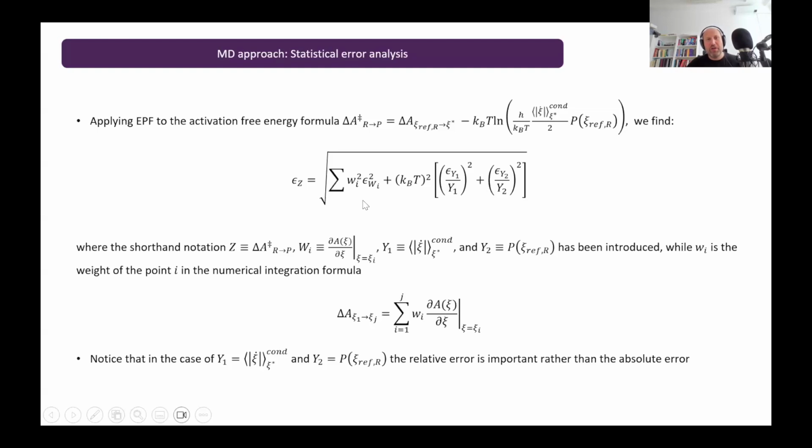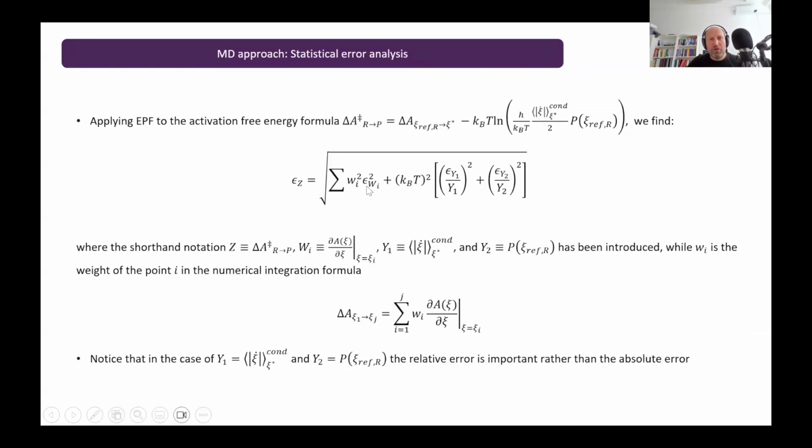So when you do the algebra, when you evaluate this using the error propagation formula, you should arrive at an expression like that, where I used the shorthand notation indicated here. And you see that specifically in the case of velocity and probability density, it is the relative error rather than the absolute error that matters for the total uncertainty in the free energy of activation.